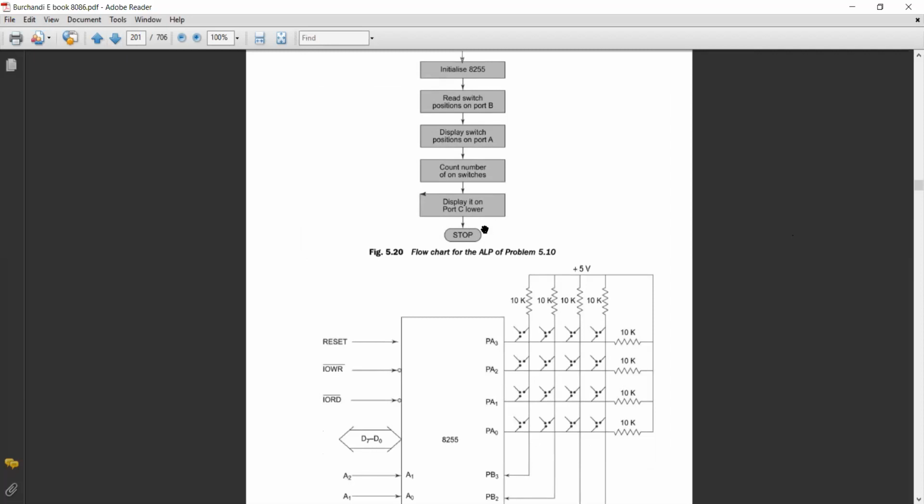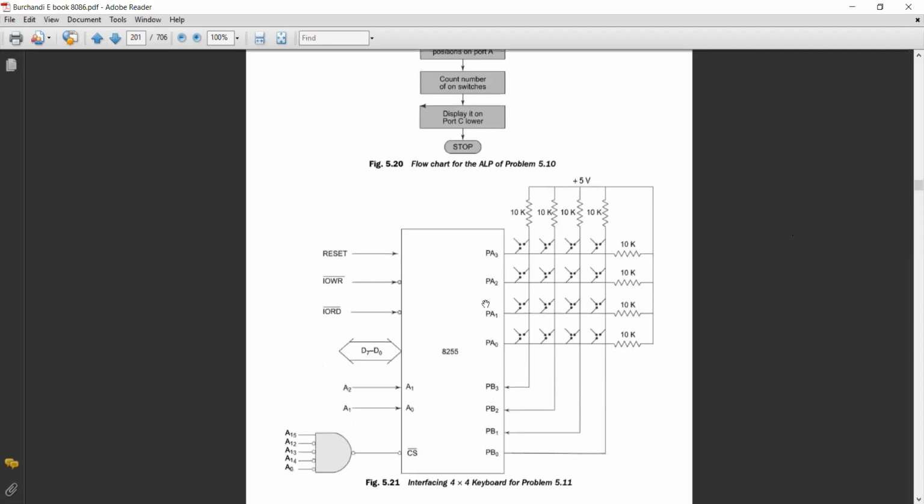Whenever this switch is pressed, PA3 is 0, and according to that, PB3 is also 0.